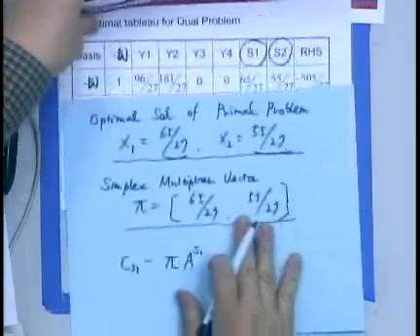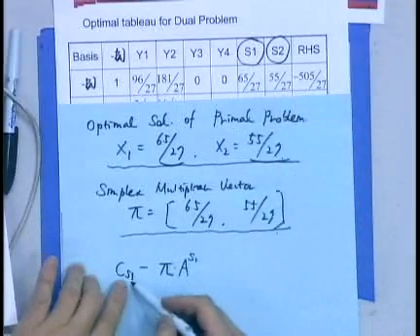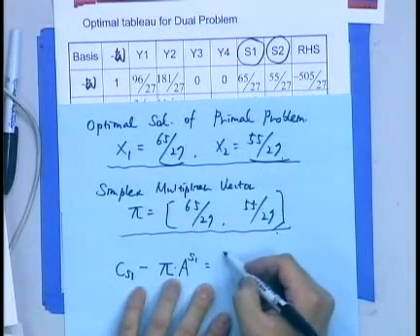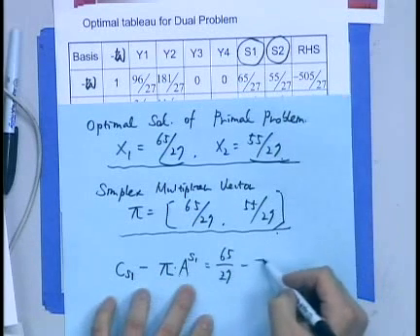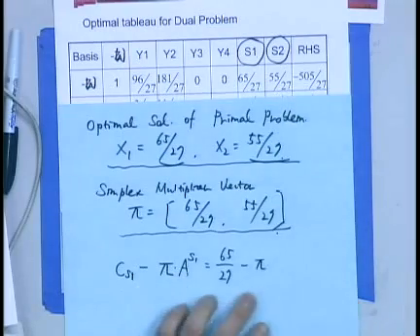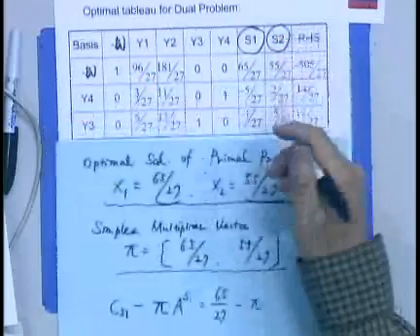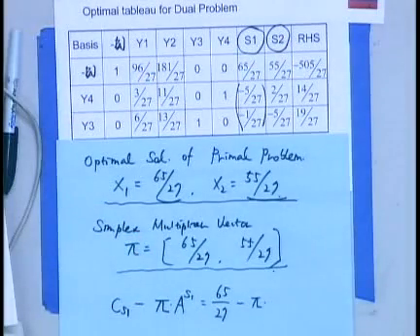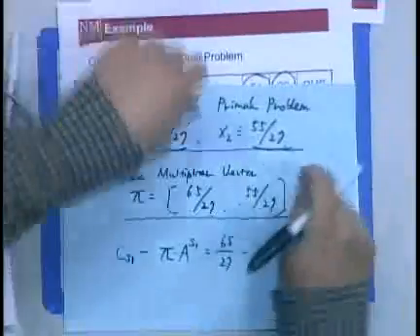So what is this? C sub S1 is 65 over 27, right? Minus pi times A superscript S1, which is these values, right? Oh, I'm sorry. I should not use the optimal table to compute this.